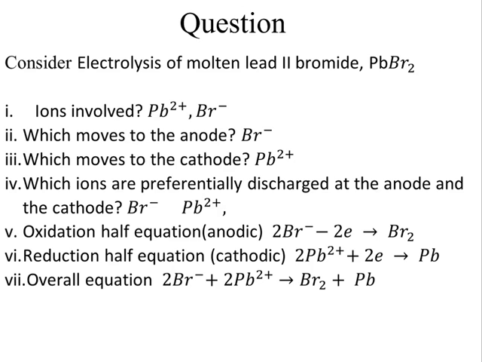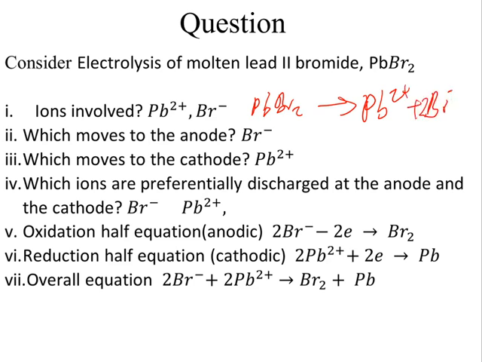Okay, consider electrolysis of molten lead bromide, which is written like this. Now, the ions involved, this is what you get. So you have lead bromide giving you Pb2+ and Br-.